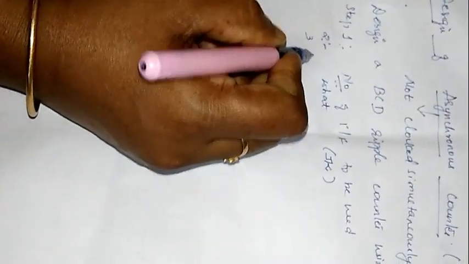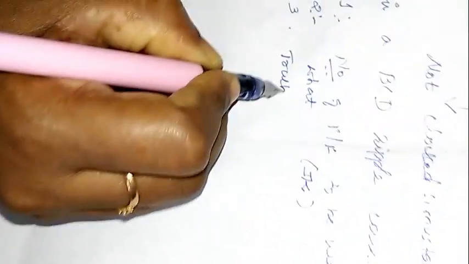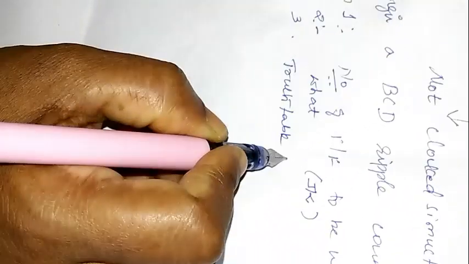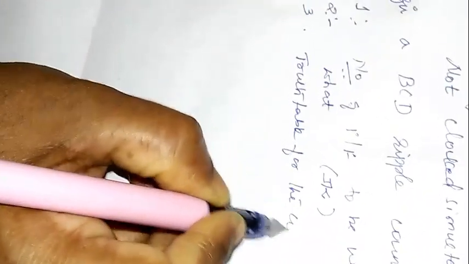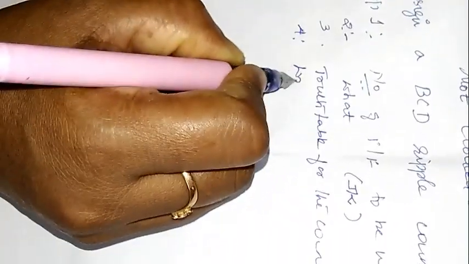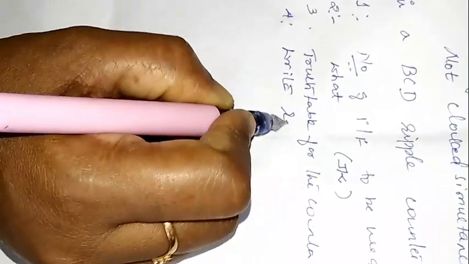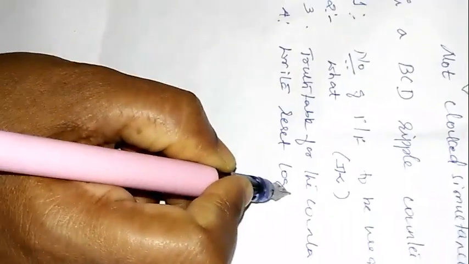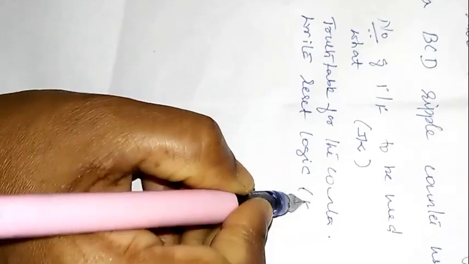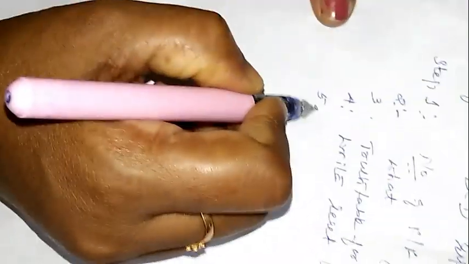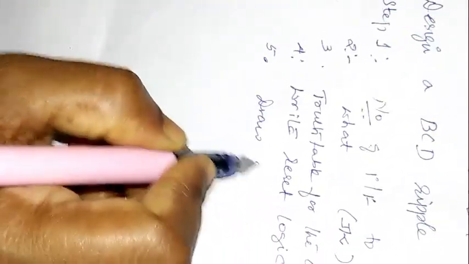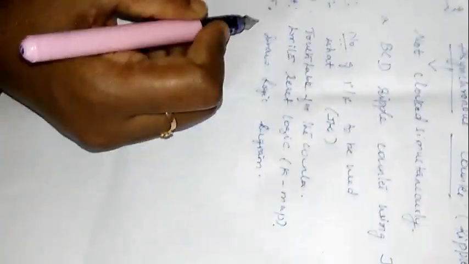Step 3 is to write the truth table for the counter. Step 4 is to derive the reset logic, which is nothing but the K-map expression for the output. And the last step is to draw the logic diagram. So these are the 5 major steps of design of asynchronous counter.